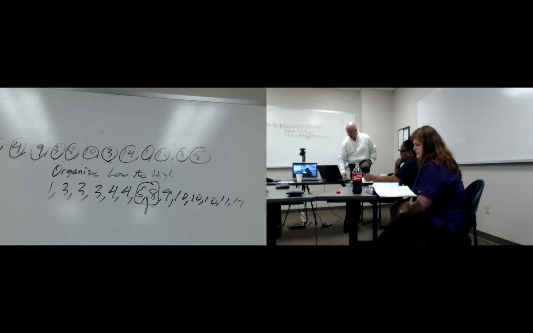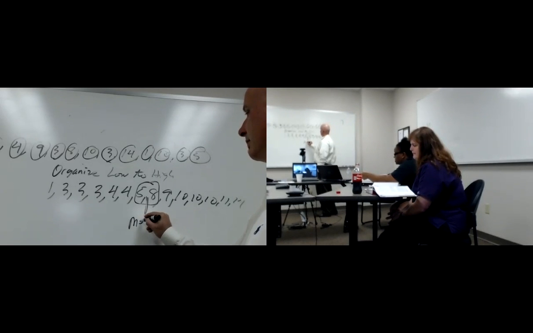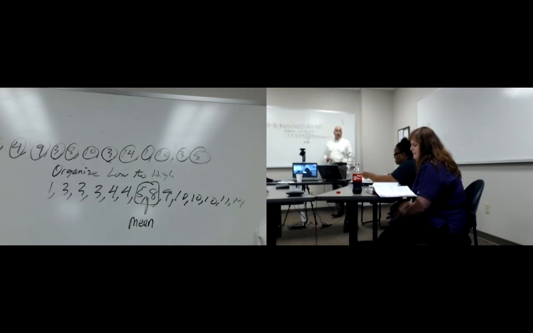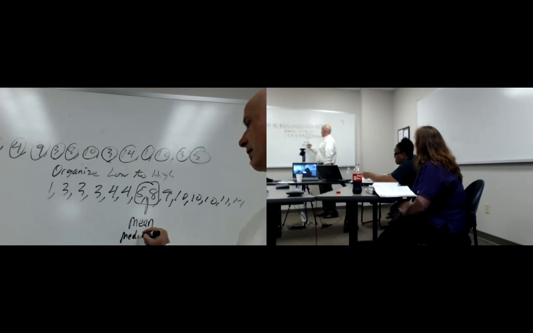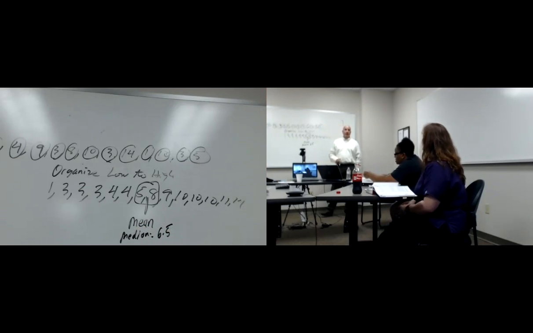Then what does it tell us to do? We are going to take the mean of the two middle numbers, which is 6.5. So the median is 6.5.